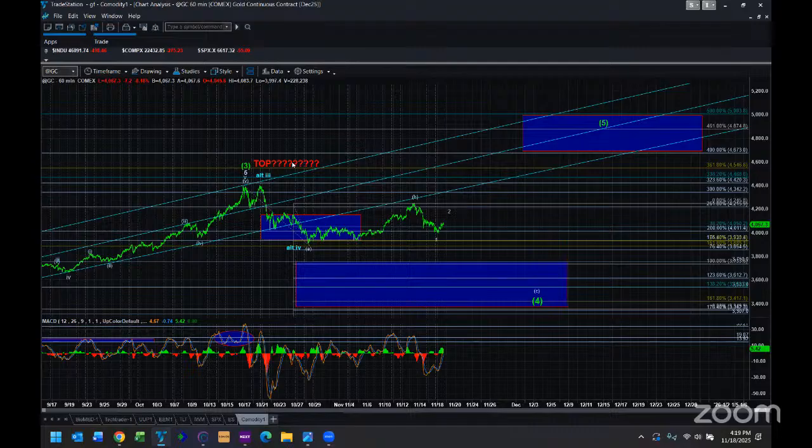Silver, I do not believe has topped. I think the greater likelihood for silver is that it has another rally left that potentially can take it north of 60. But I'm going to have to watch how gold trades during that time to know if it has topped or not. For now, my primary expectation is there is one more rally in gold.